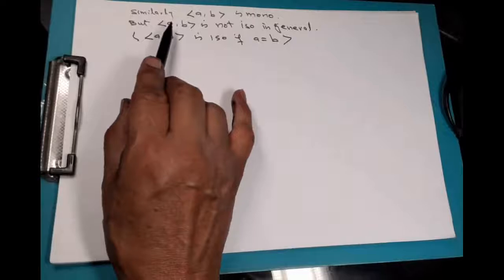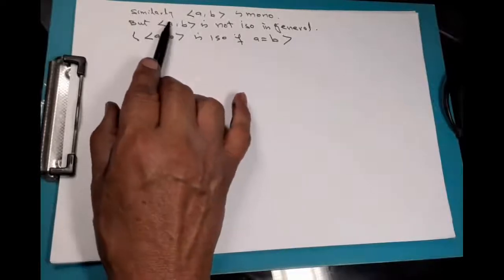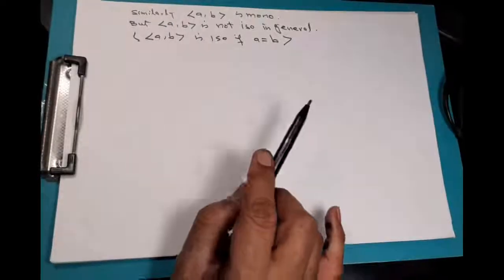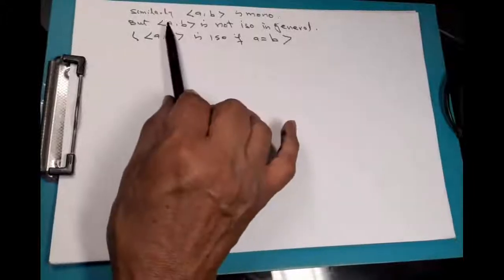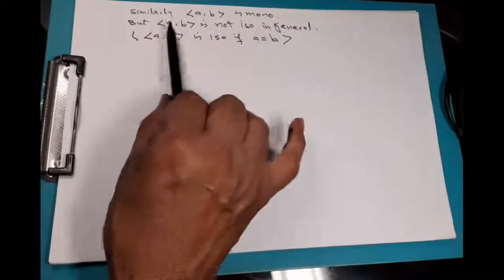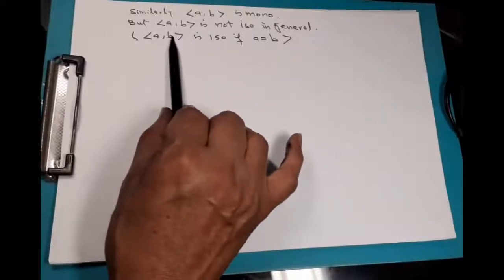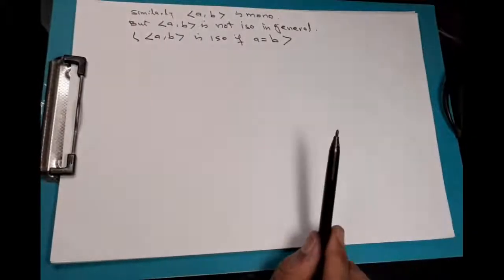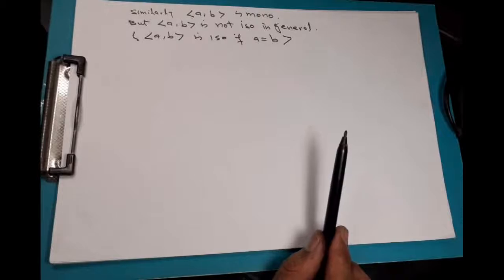Now this particular arrow is epimorphism as well as monomorphism, but this is not an isomorphism in general. This will be an isomorphism if A and B are equal, but A and B may not be equal.